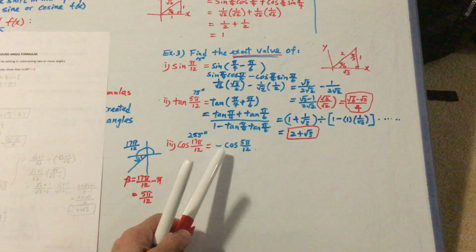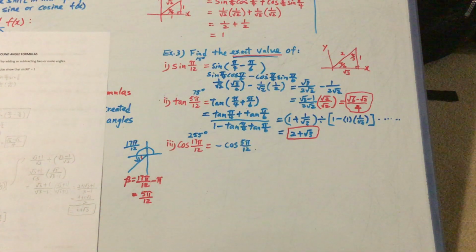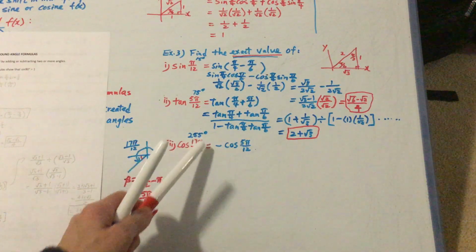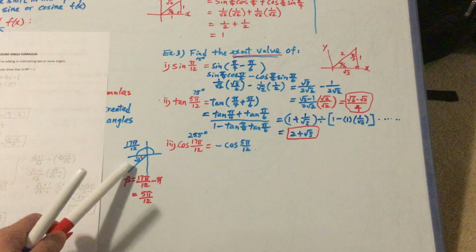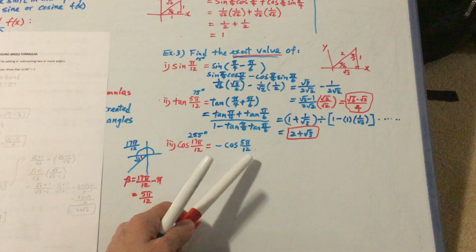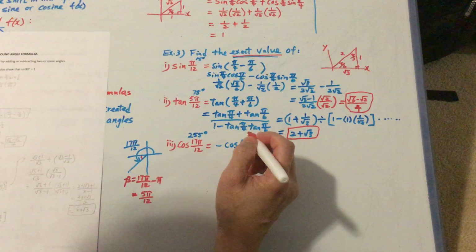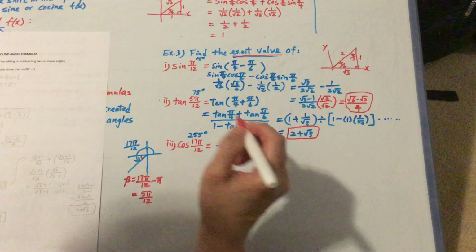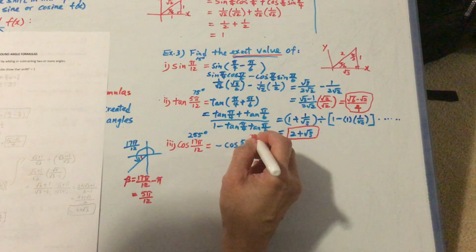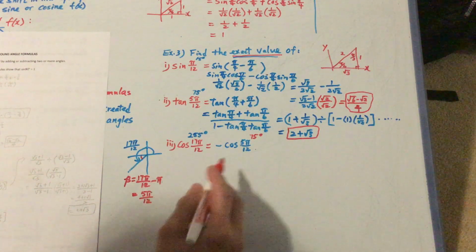And that new expression is going to be equal to minus the cosine of the related acute angle, 5 pi over 12, because cosine of 17 pi over 12 is going to be a negative ratio in quadrant 3. 5 pi over 12, if you quickly calculate that, is 75 degrees. So the related acute angle is approximately equal to 75 degrees.